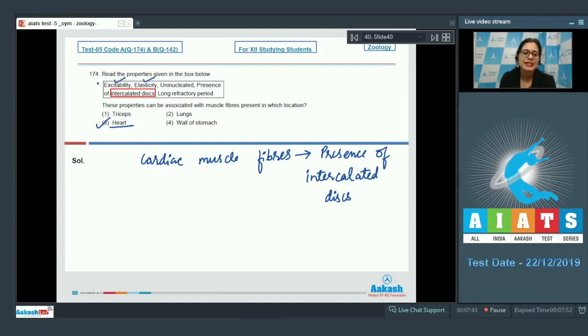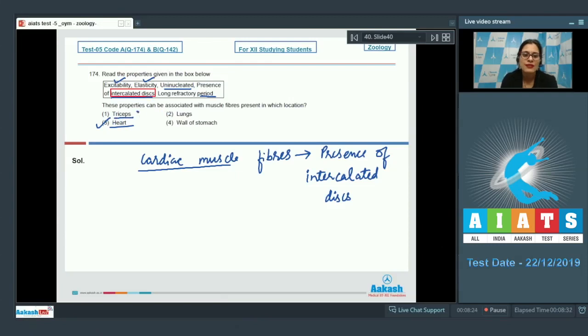The properties excitability and elasticity are exhibited by cardiac muscle fibers, smooth muscle fibers as well as skeletal muscle fibers. But uninucleated muscle fibers are smooth muscle fibers and cardiac muscle fibers. But intercalated discs are present in cardiac muscle fibers only, and they have long refractory period.